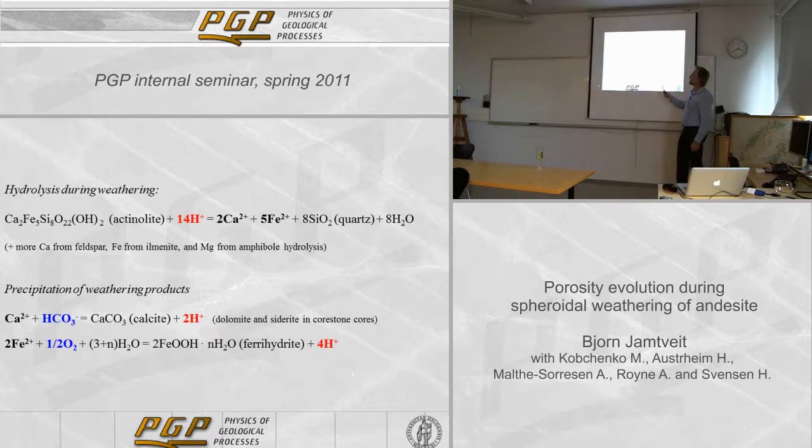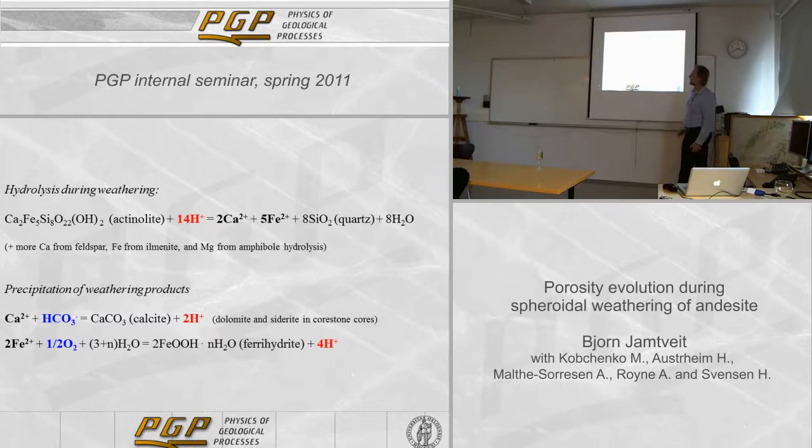It produces calcium and ferrous iron, in addition to silica, as well. And calcium and iron will then be consumed during precipitation of the weathering products. Calcium during precipitation of calcite, for example. Iron during precipitation of ferrihydrite.